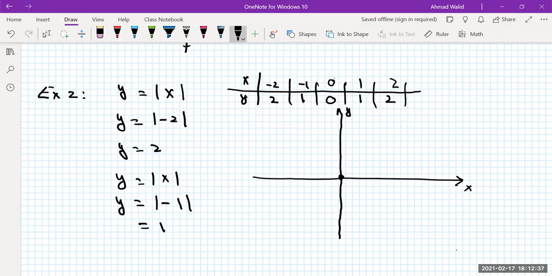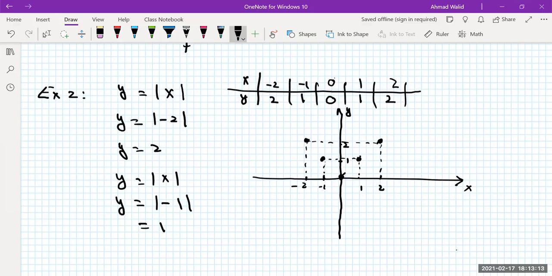When x is -1, y is 1. x -1, y 1. This point. When x is -2, y is 2. -2 and 2. This point. When x is 1, y is 1. x 1, y 1. This point. x 2, y 2.